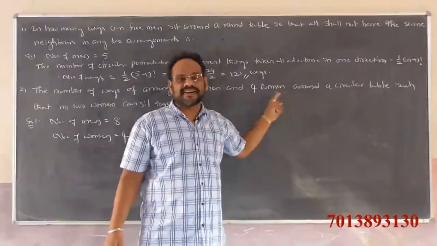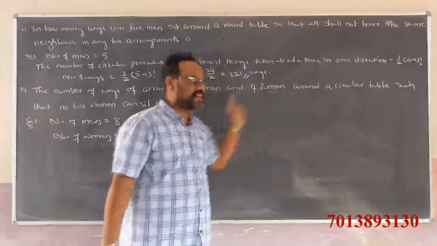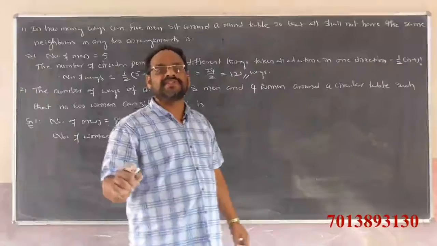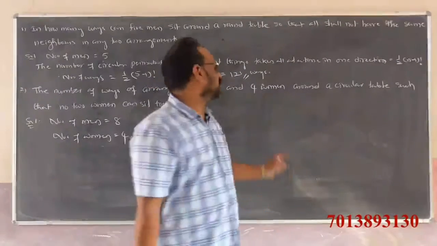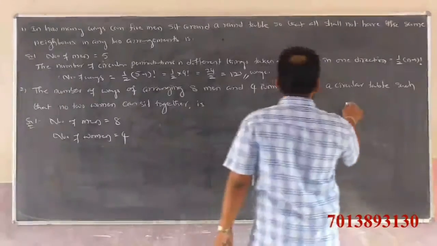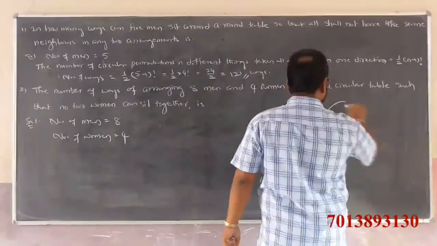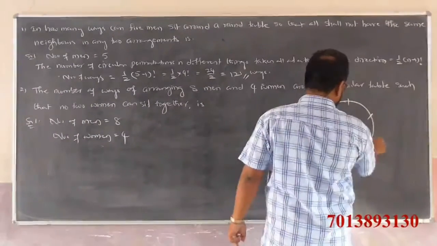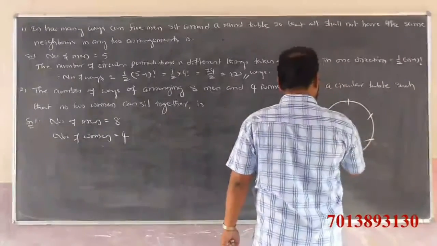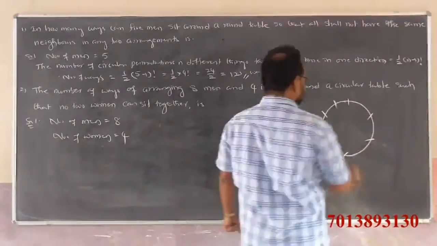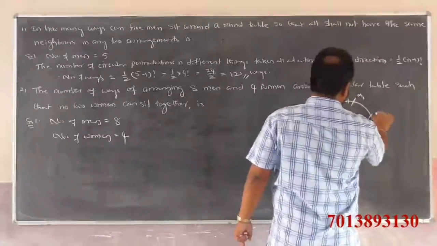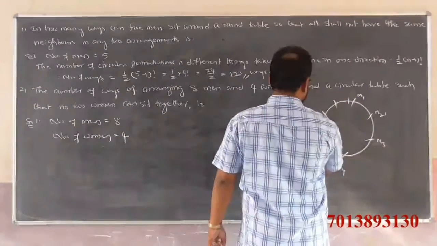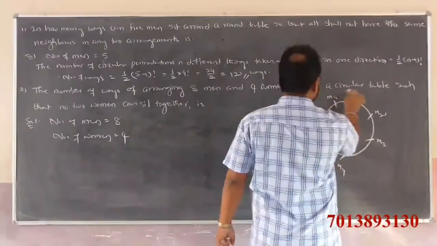Around a circle means circular permutations, and they gave one condition: no 2 women can sit together. First of all, we arrange the 8 men at a round table, M1, M2, M3, M4, M5, M6, M7, M8.